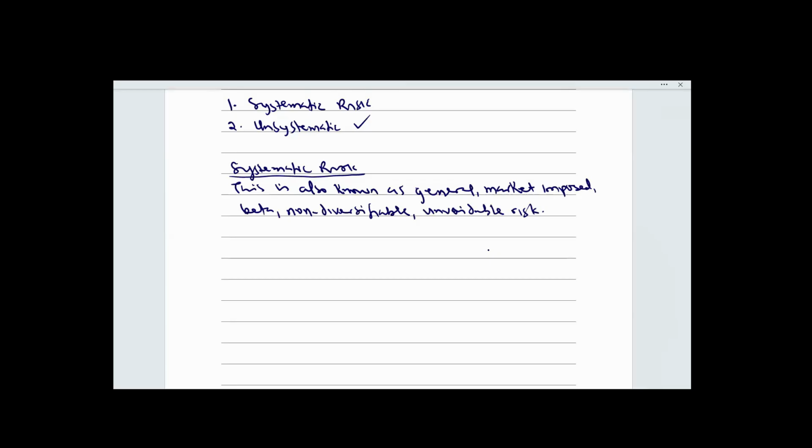Systematic risk is a kind of risk that investors would like to pay to avoid, which is not possible.